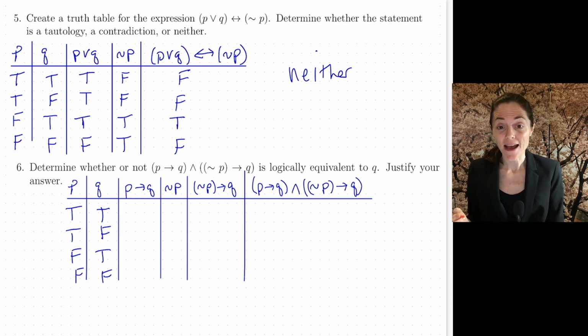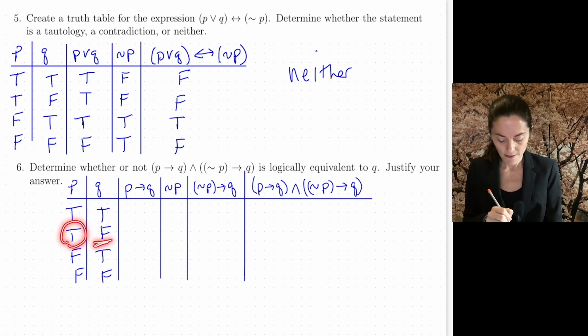Now, first we have a P implies Q, and the only time this is false is here, when you have a T followed by an F, and the implication is true every other time. It's true in these rows.